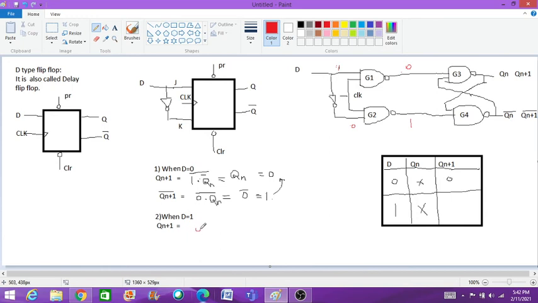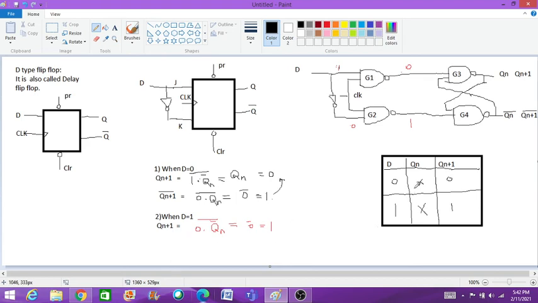It is taken as 0 dot Qn bar, and bar, which is equal to 0 bar, which is equal to 1. So here we find that when D is equal to 1, then Qn plus 1 will be 1.